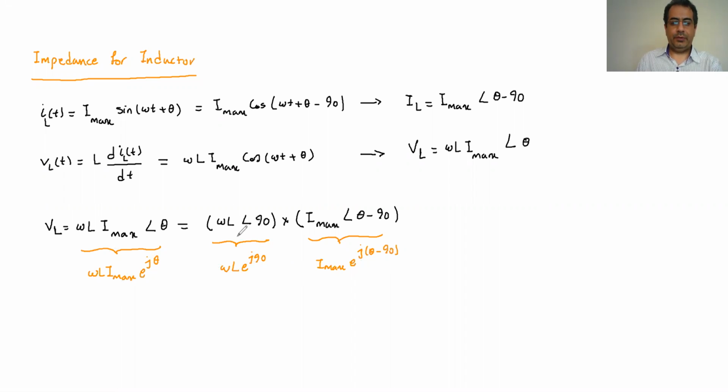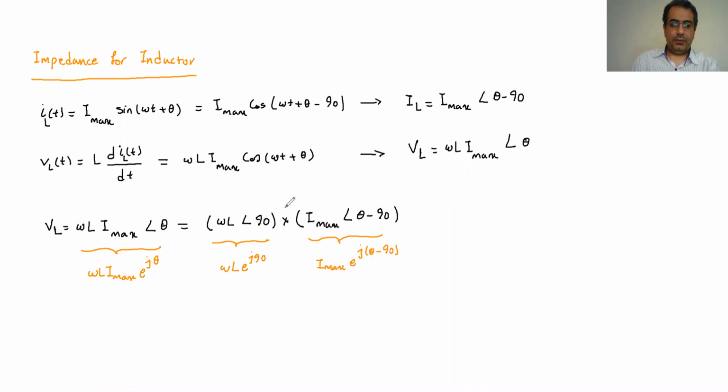If you wonder where these two terms came from, it's like this: I just write it in the exponential format, then break it into these two terms. So that 90 will cancel out with that 90 and only theta remains there.